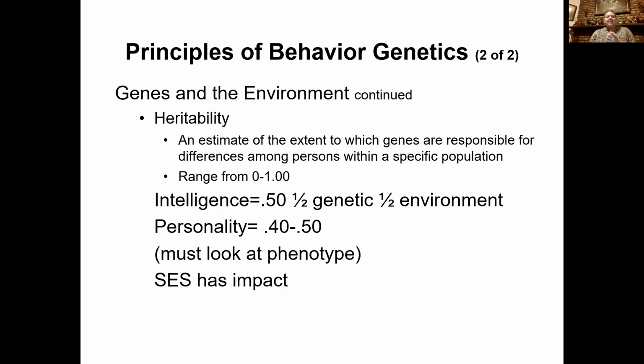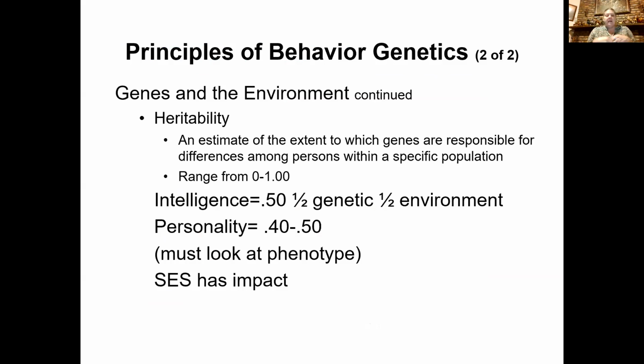This is a continuation of genes and environment, and we're going to talk about something called heritability. Heritability is the concept where they are estimating the extent to which genes are responsible for differences among people. So heritability is how much have I inherited genetically that makes me different.